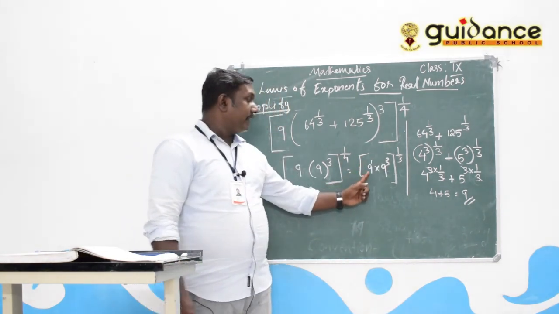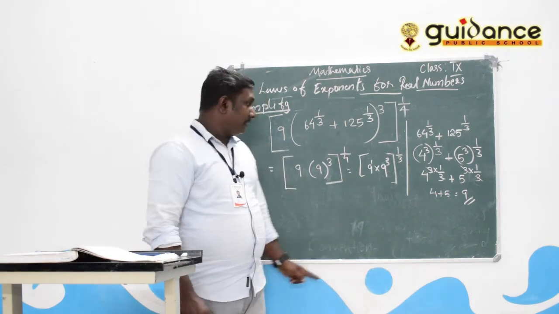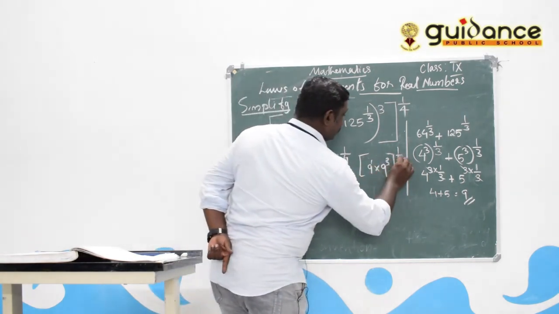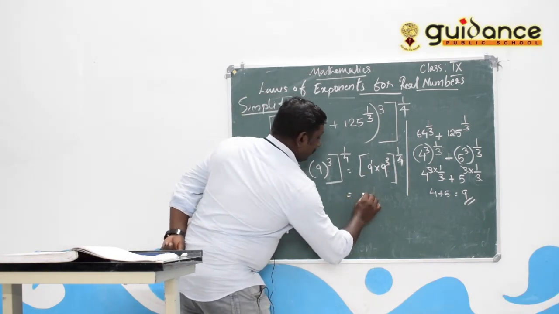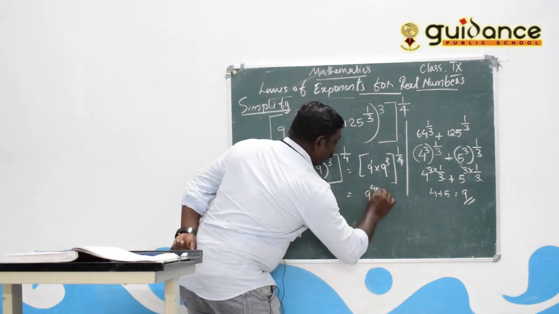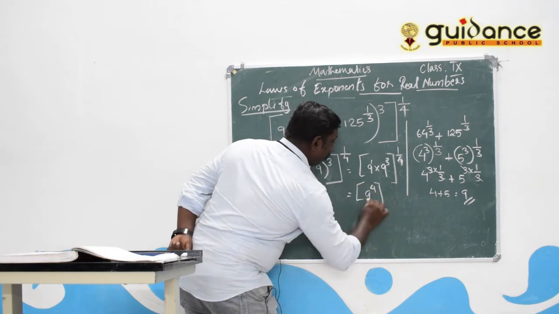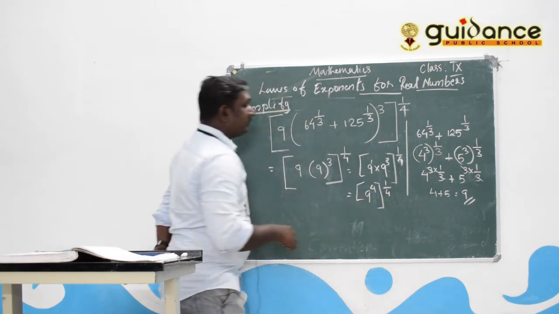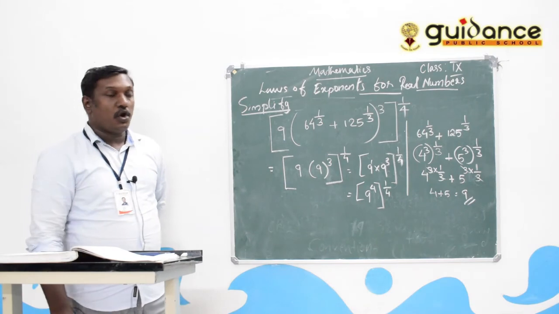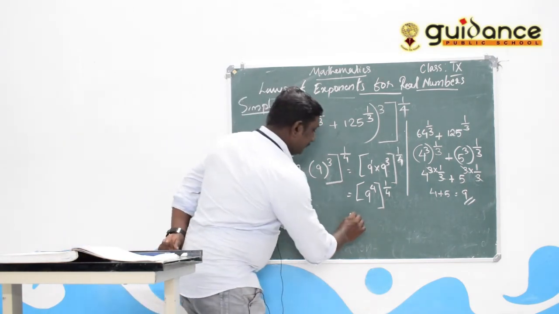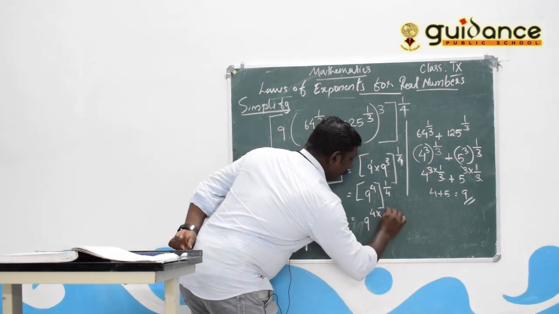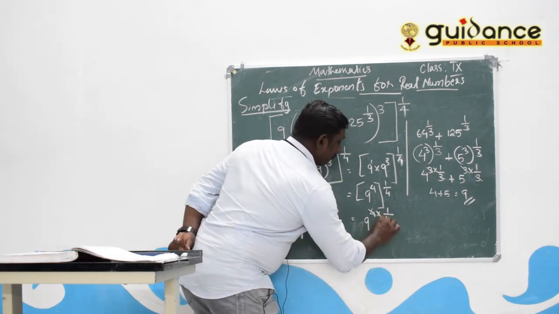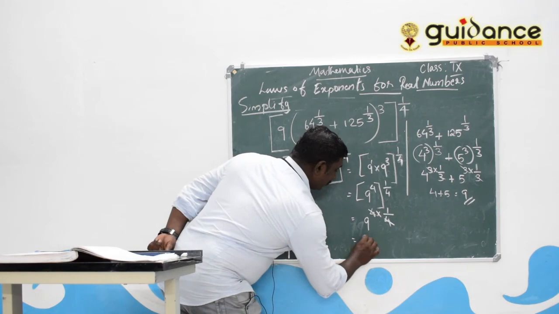It will be a raised to m into a raised to n, so this is 3, this is 4. That is equal to 9 raised to 4, all raised to 1 by 4. That is equal to 9 raised to 4 into 1 by 4. This 4 and 4 cancel. It is equal to 9.